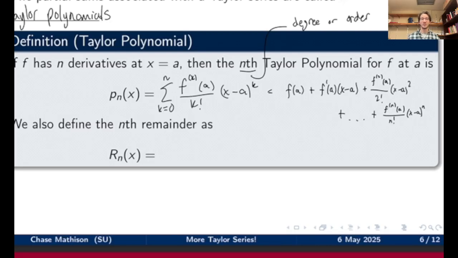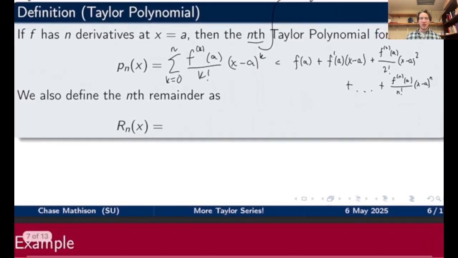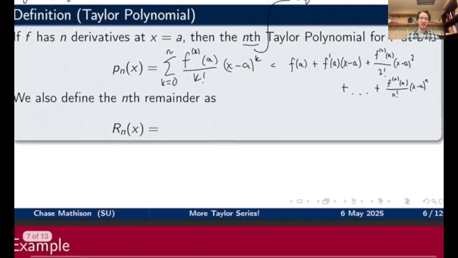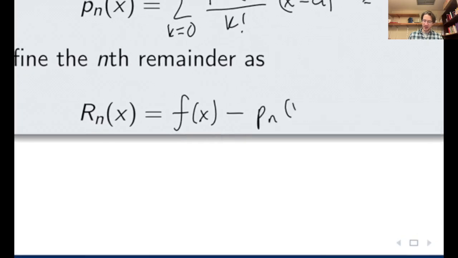You know about partial sums for series. We're just using that idea now for power series. And then once we know that, we also define the nth remainder as f of x minus Pn of x.